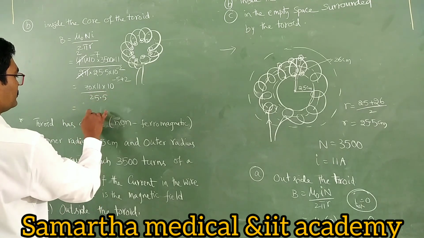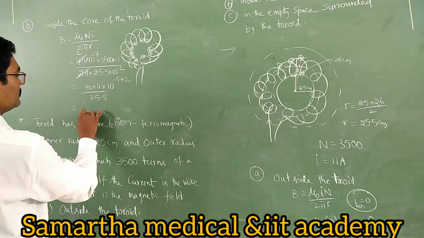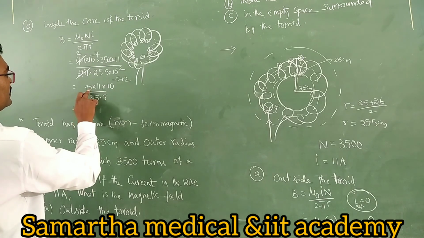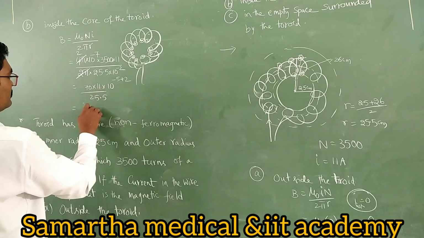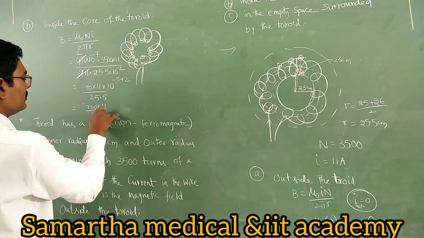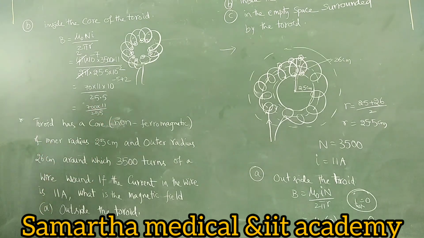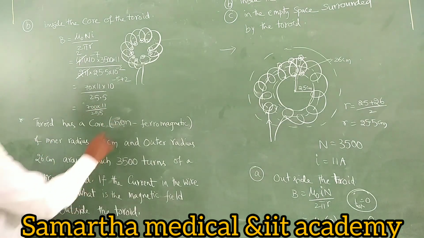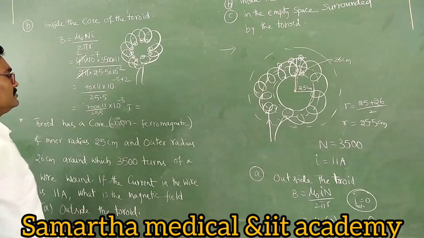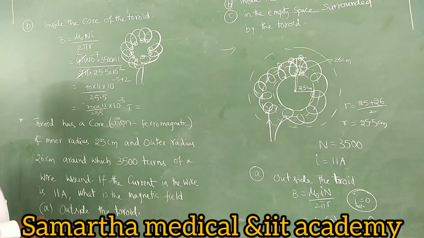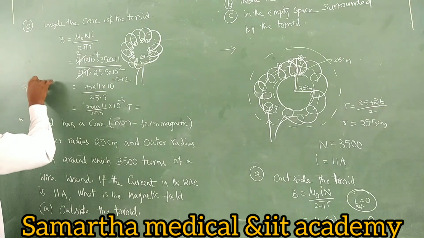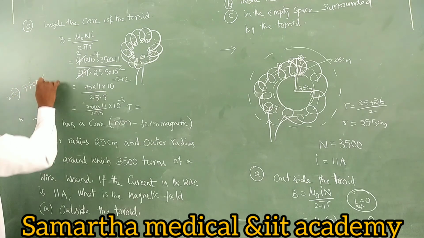After simplification, 30.14 into 10 raised to minus 6. Yes, 700 into 11 by 770 by, yes, into 10 power minus 3 tesla. What is the value? 700 3.14 into 10 raised to minus 255 like that.